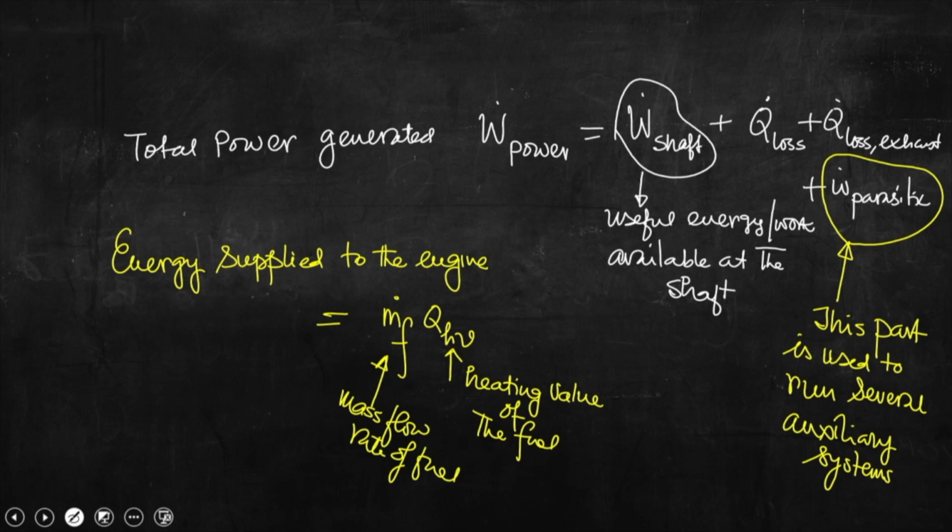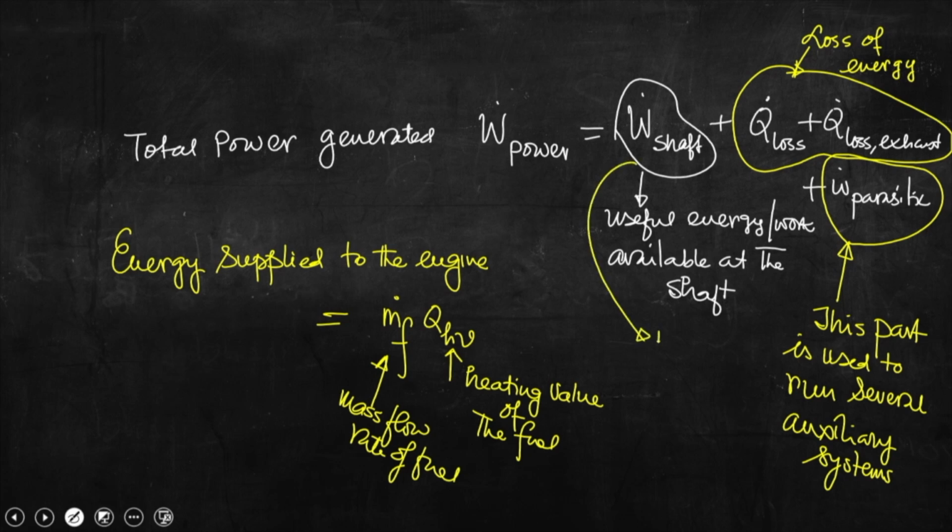Certainly this is also used, but that means this part is totally getting lost. These two parts are getting lost, loss of energy. So, this is loss of energy, and what is this? This shaft work is essentially m dot f q h v eta break thermal and eta combustion.